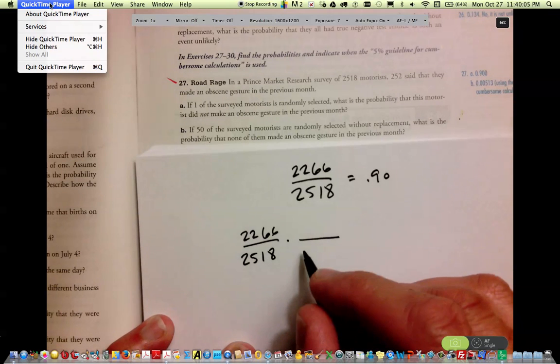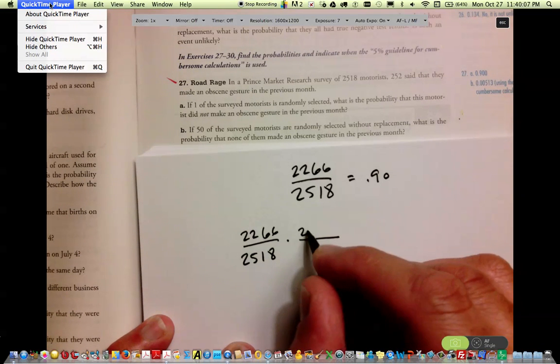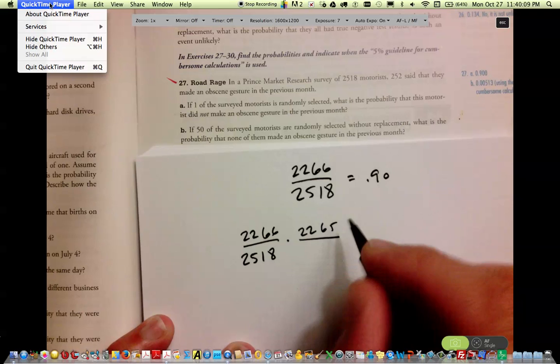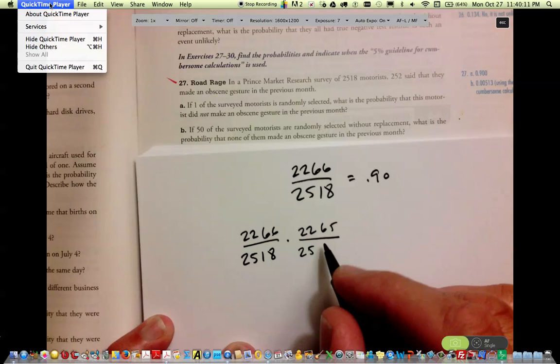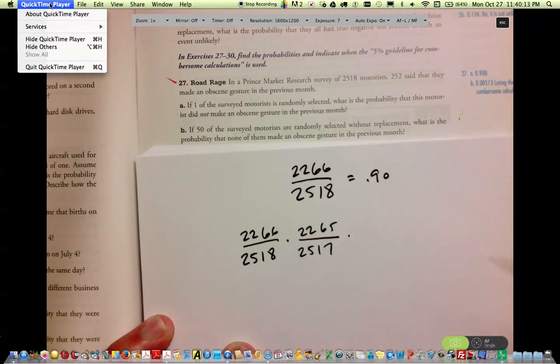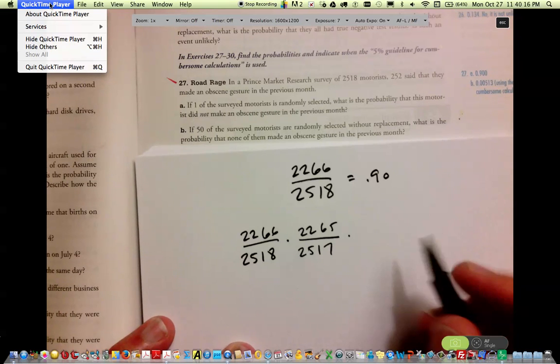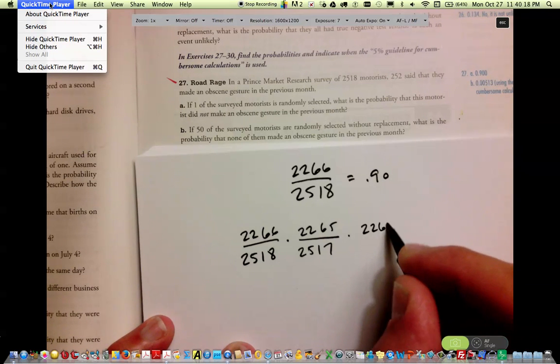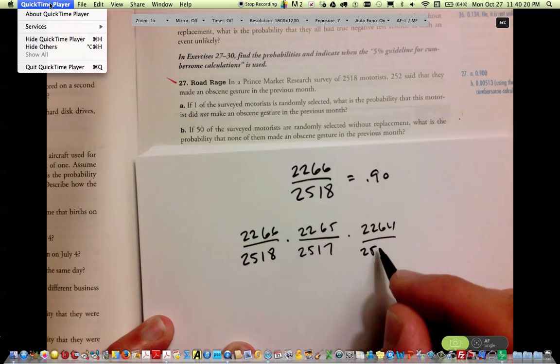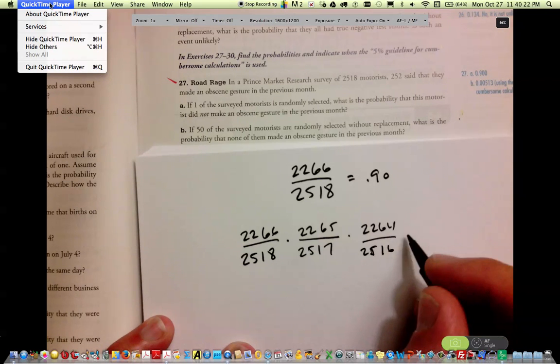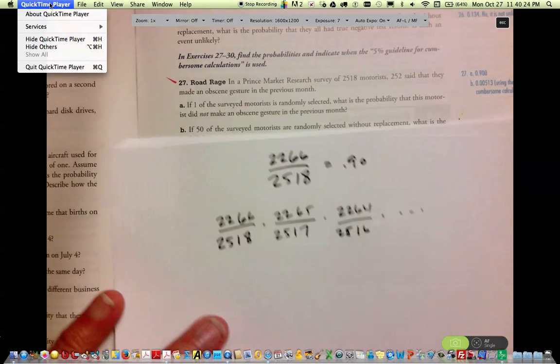The next person, there's going to be 2,265 of them left, and 2,517 left in the pool. Right, then we're going to end up with 2,264 out of 2,516, and we're going to have to do this like 50 times.